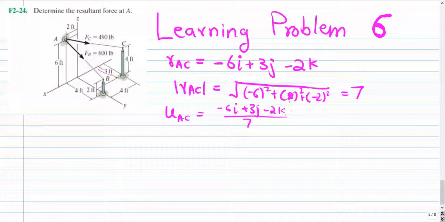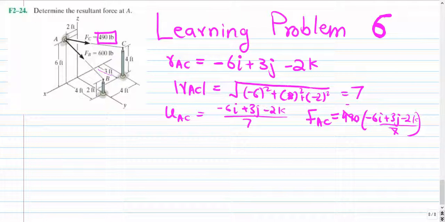Now that we have our unit vector, we can solve for the force from A to C by simply multiplying the magnitude of the force AC by the unit vector. The magnitude of the force from A to C is 490 pounds as specified in the diagram. So we will multiply 490 by negative 6i plus 3j minus 2k over 7.